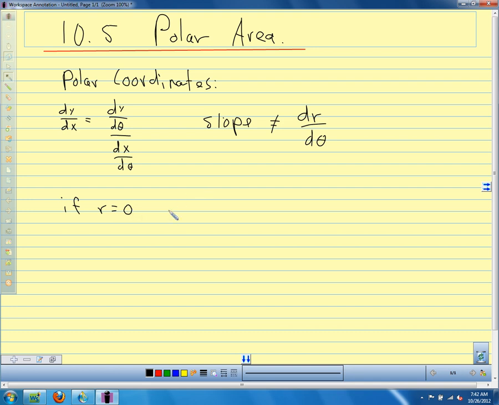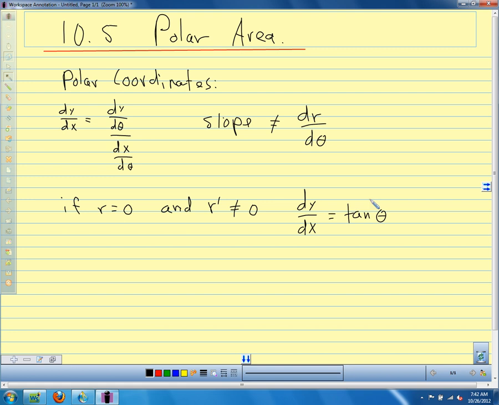If r equals 0 and r prime not equal 0, then dy/dx turns out just to be tan θ for whatever angle gives us r equals 0. So one reason we do this is because this gives us a convenient way to find the tangent at the pole. Sometimes we might be interested in the tangent at the pole.